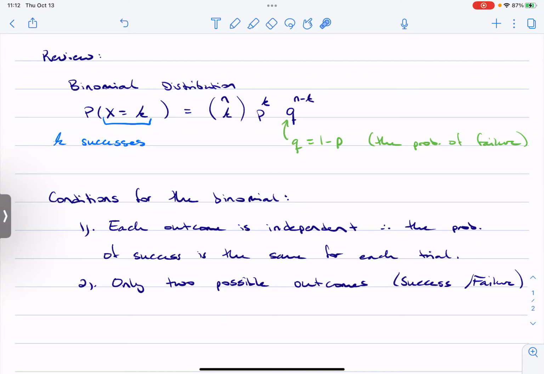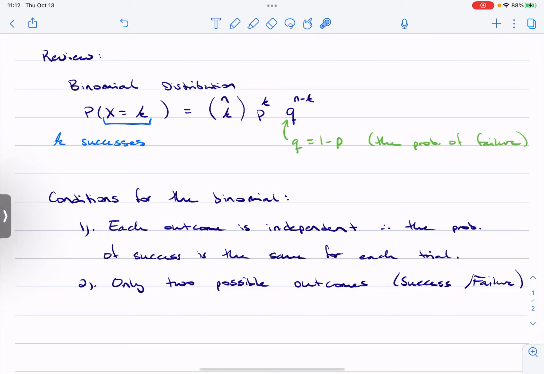Then I would take the complement, find 0 or 1 and subtract it from 1, right? Those tricks that we talked about last day. So we can solve a lot of problems with the binomial, assuming that these conditions are met.